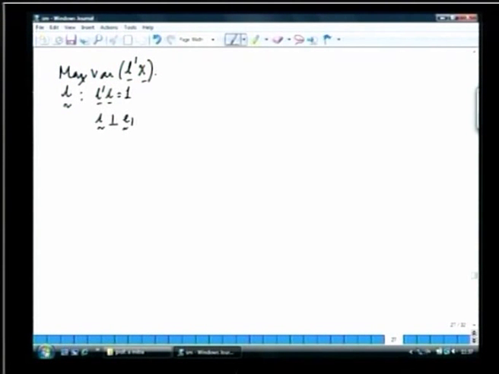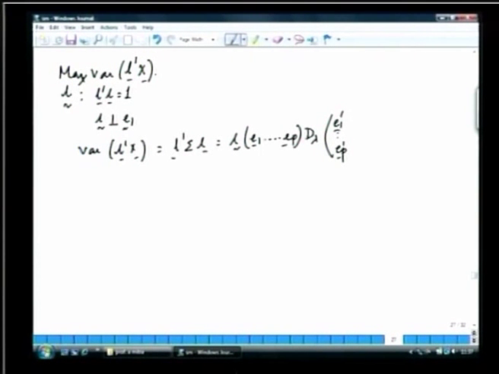We have variance of L prime x, this is nothing but L prime sigma L, and let us use the usual form of spectral decomposition. We have E1 to EP, this is how I am writing the matrix P, then I have D lambda and then P transpose, E1 transpose to EP transpose, with L in the end.